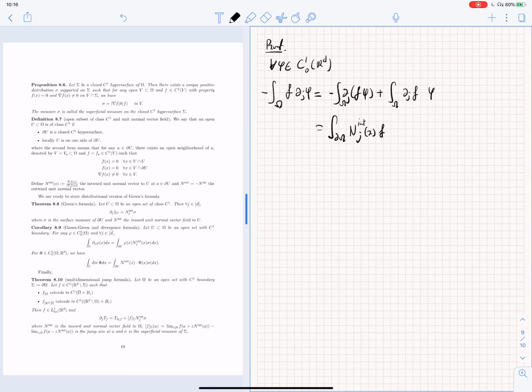I'm going to use f minus to denote the value when we approach a point from inside of omega, of course, then times phi of x. This is Green's formula that we have, and we integrate with the surface measure sigma, and the other piece we don't change, just as it is.